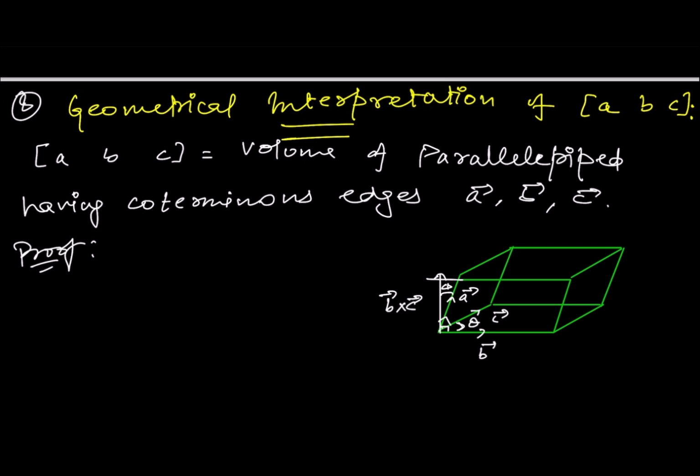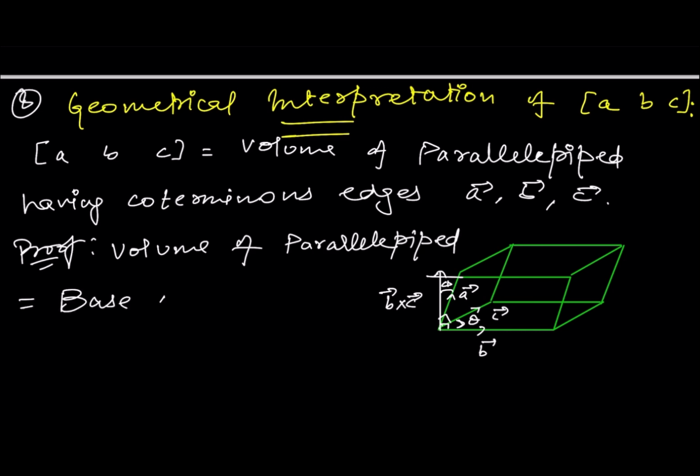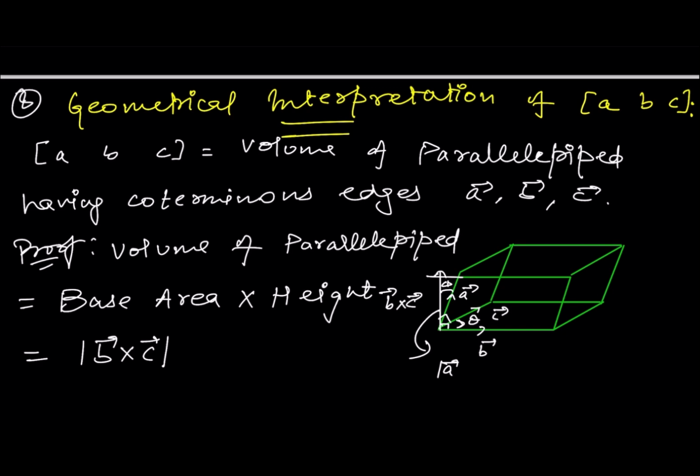So we know the volume of a parallelepiped is base area into height. Base area is mod of B cross C, because we are finding simple base area, not vector base area. So mod of B cross C into height. Height is nothing but mod A cos phi, right?